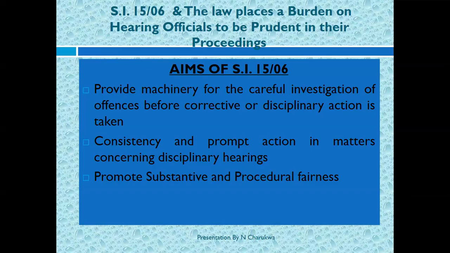Number two, we have the Industrial Code of Conduct, a code developed through an NEC, and it is industry specific. In other words, it is used in a particular industry. If you go to a different industry, that code will not apply. That's why it's called an Industrial Code of Conduct.